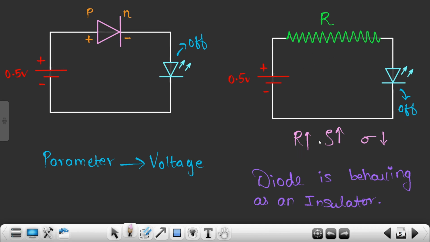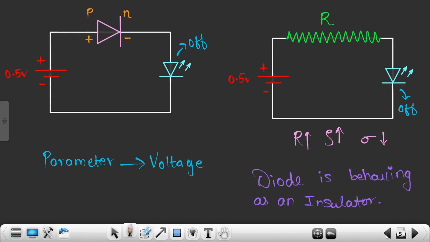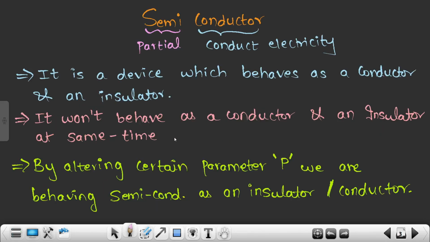That means it is providing very high resistance, but in the very next interval, as I increase the voltage, it is behaving as a pure conductor. So this point also gets satisfied. That means it won't behave as a conductor and insulator at the same time, but if you alter a certain parameter, it will act as an insulator, or else it can act as a conductor.